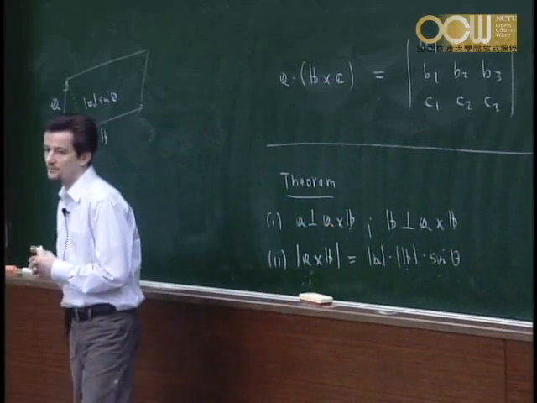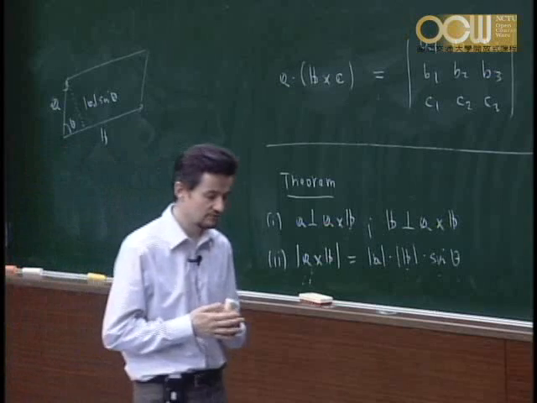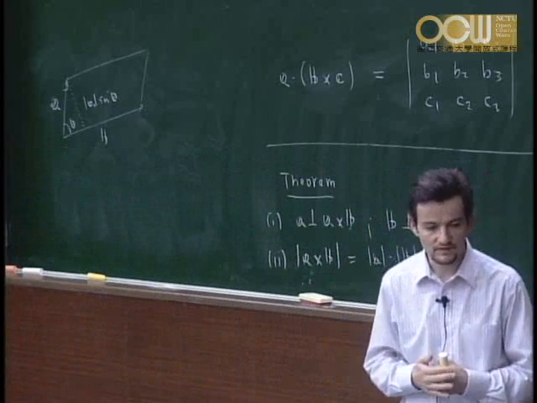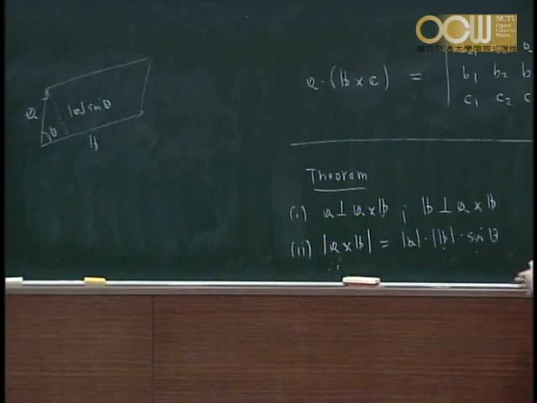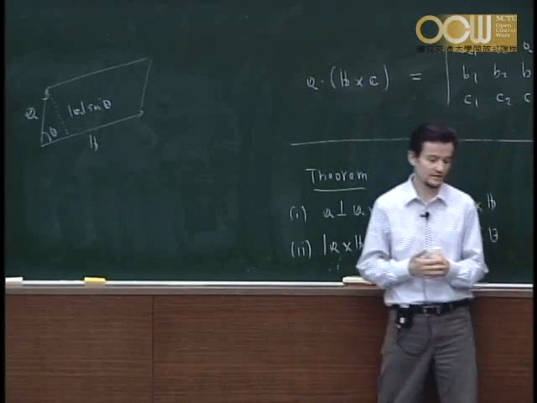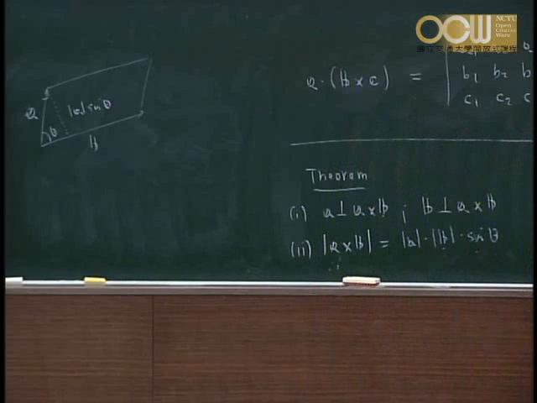The next question, which we normally discuss, is which kind of properties the vector product satisfies as an operation. For instance, for the normal addition, we want that A plus B is equal to B plus A, so that the sum satisfies the so-called commutative law.